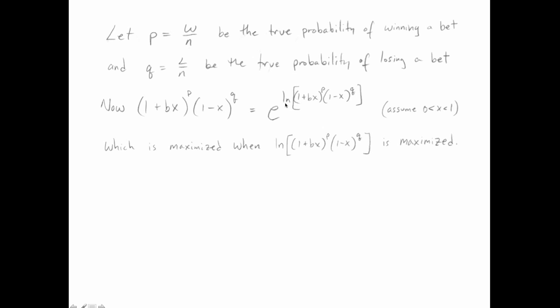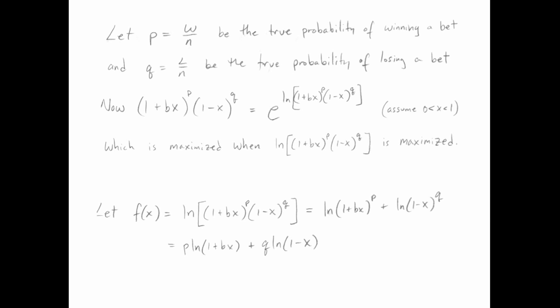So these factors inside the ln are going to stay positive, and so the ln is defined. Further, the maximum value for this exponential function, because that's what I'm trying to maximize, occurs when that ln is at its maximum.